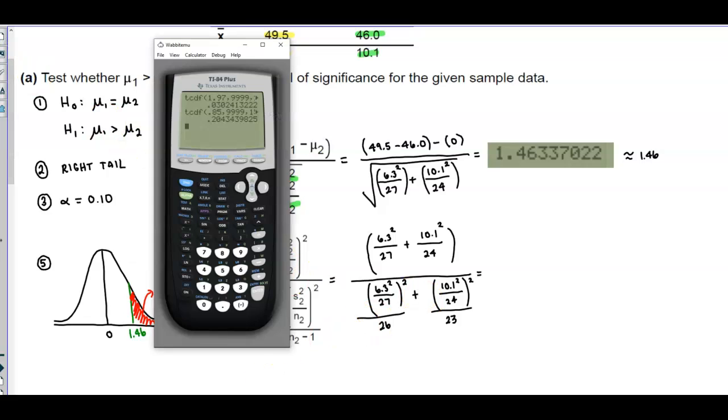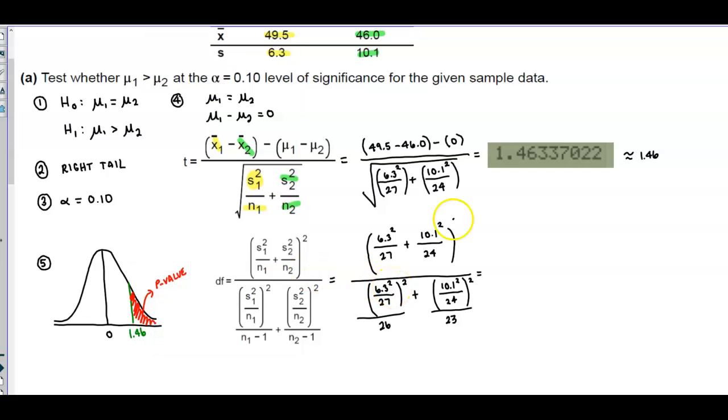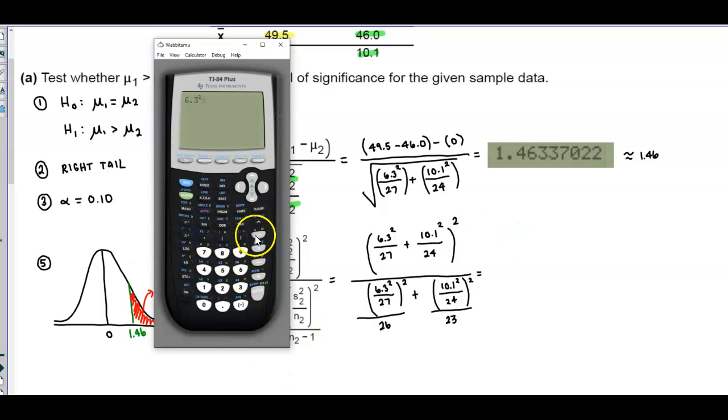Just a quick review of the calculator version: we first evaluate the numerator and then the denominator using order of operations. We have 6.3 squared divided by 27, and then we add 10.1 squared divided by 24. Now we take that value and square it, using second answer and squaring it, and that gives us the numerator.